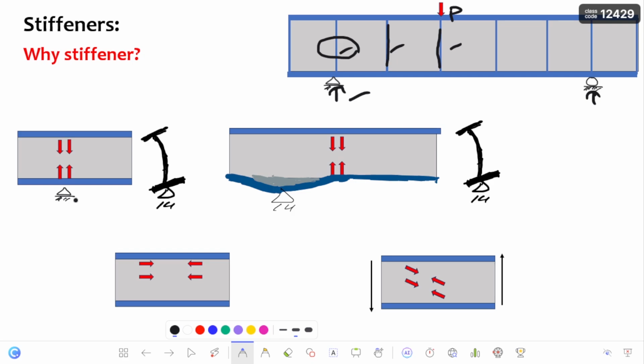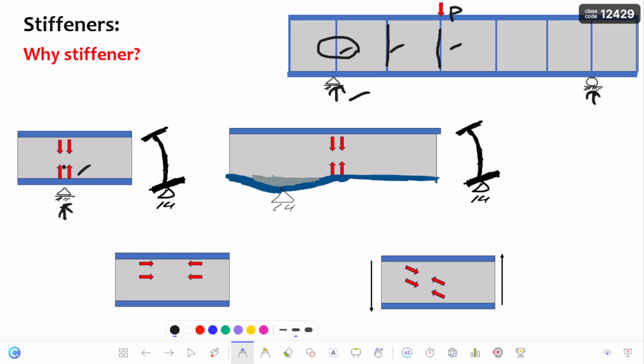Now if you observe the first one, the transverse compression load acts at the supports. Because of this, compression stresses develop in the unstiffened web of the plate girder at the bearing position.